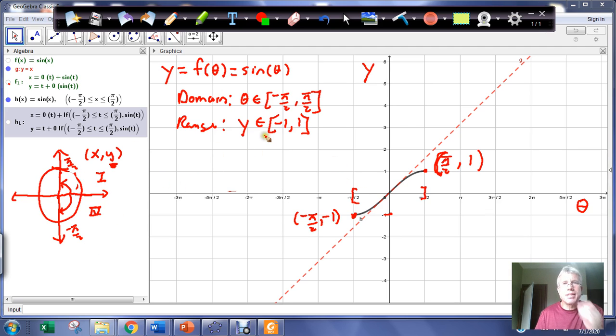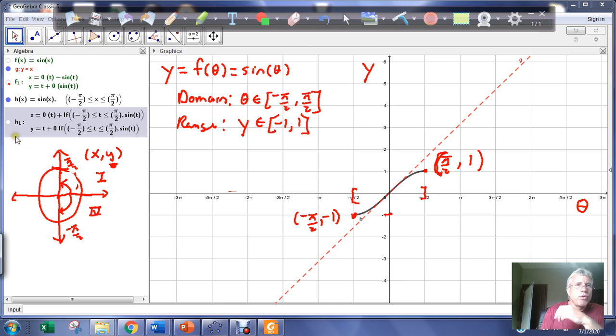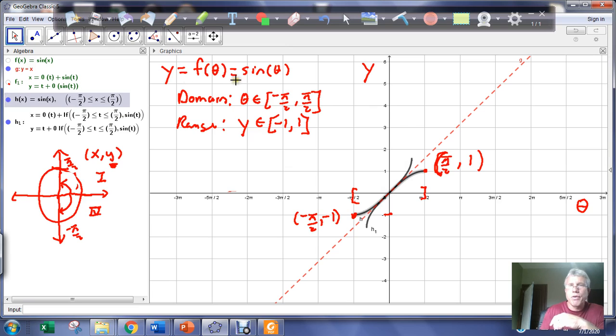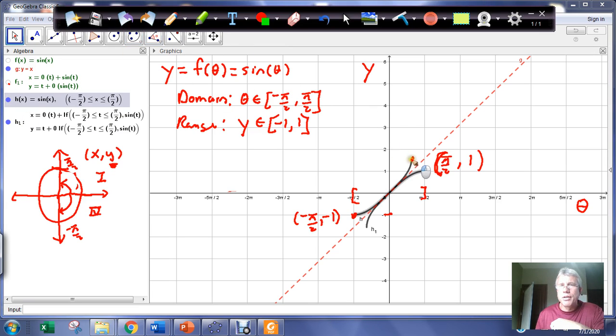So then I can ask myself, well, if I do this, what will the domain and range of the inverse function be? And what we want to remember from pre-calc is that the domain becomes the range, and the range becomes the domain on an inverse function. So the inverse right here is a reflection in the line y equals x, and the input's going to be a 1, and the output is going to be the angle that generated it.